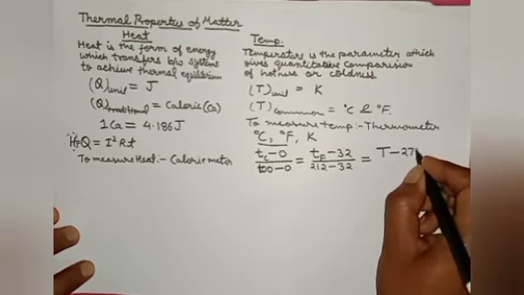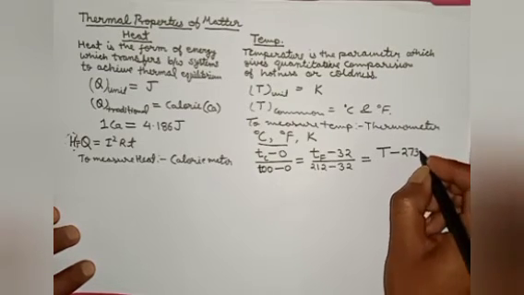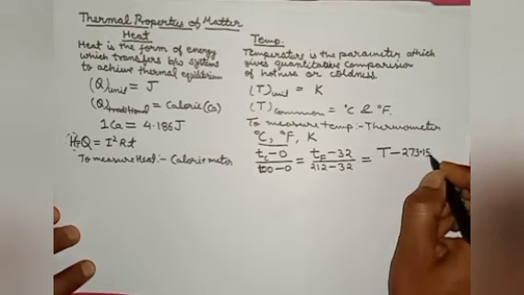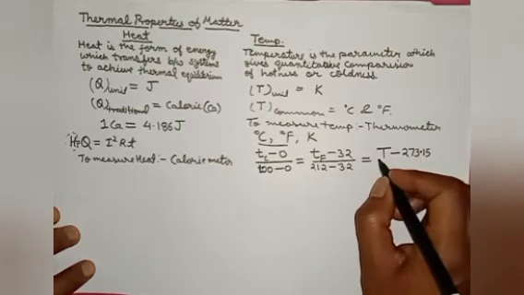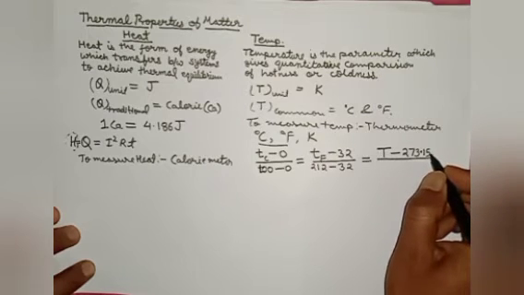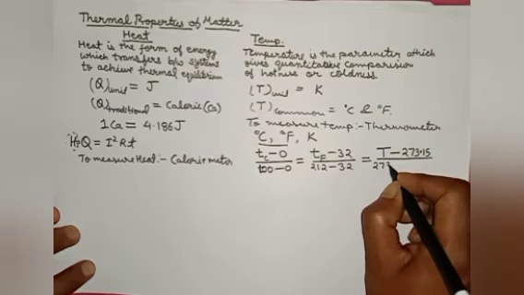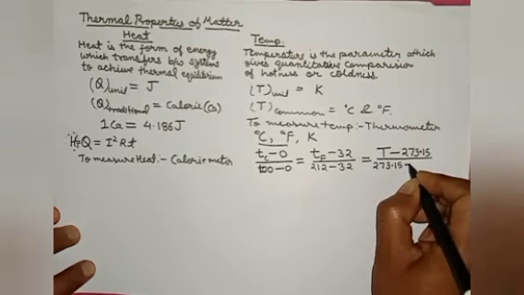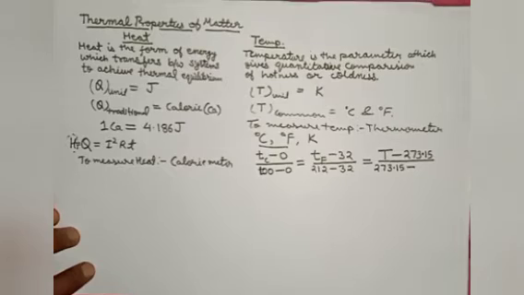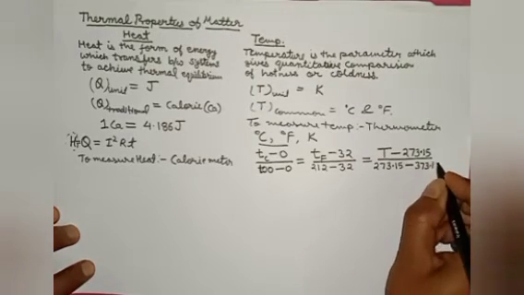Minus 273. Well, to be more precise, we have to write 0.15. You can avoid that, but when precision is required, then we have to go for these two decimal places also. 273.15 minus 373.15.